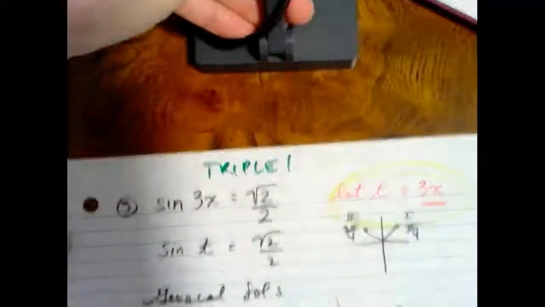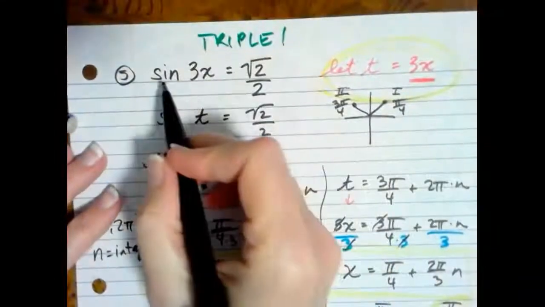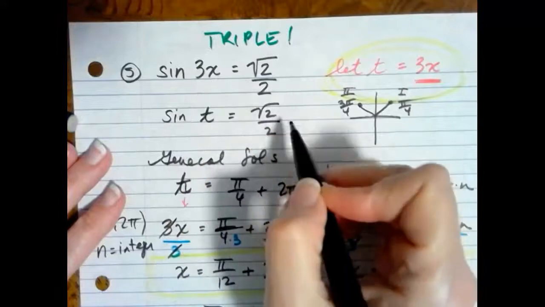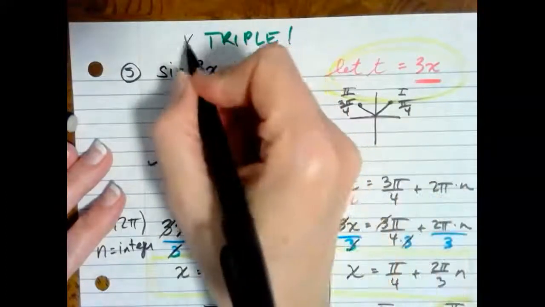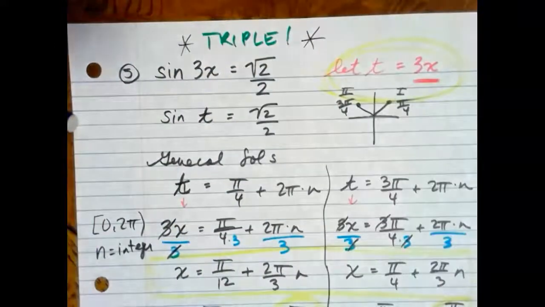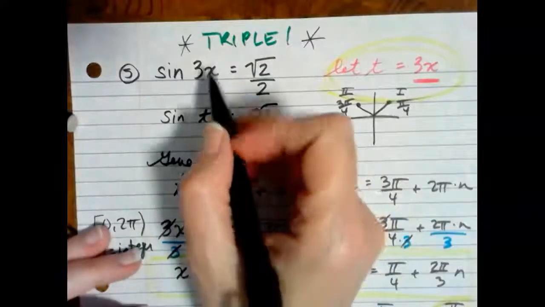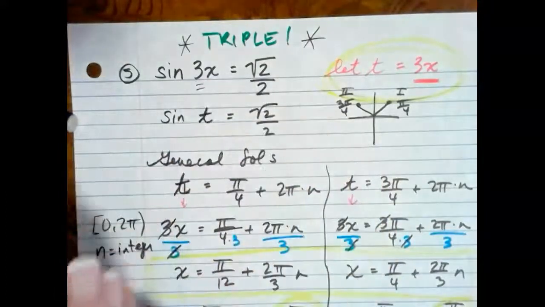Let's go back all the way to the top just so you can see it once more. We had sine 3x equals root 2 over 2. We were anticipating that we would triple our number of solutions when we have sine of 3x.